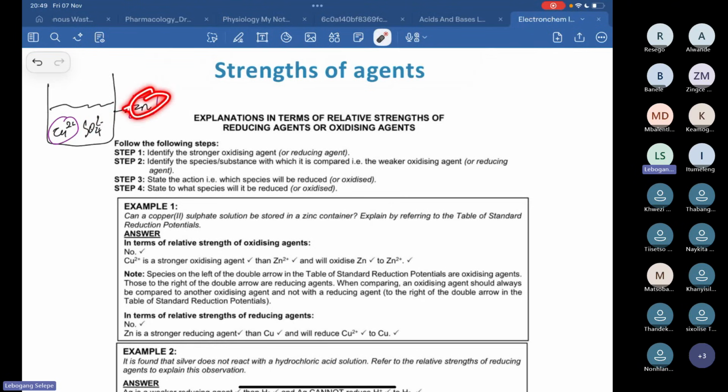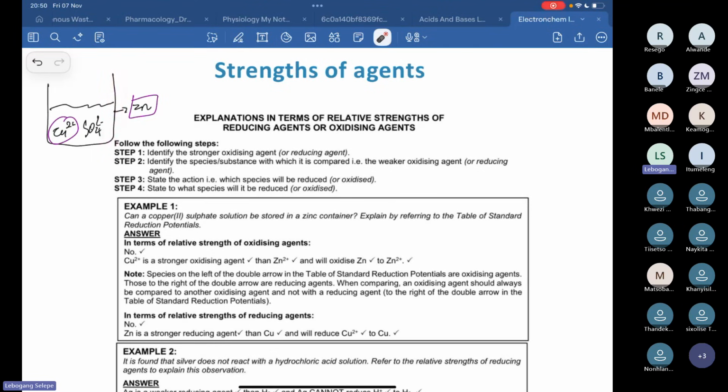If Zn donates its electrons to Cu, the container would be eroding because it's taking part in the reaction with whatever substance is stored in it. So it would be a bad idea to store copper sulfate in a zinc container because zinc would react with copper, and the container would erode.